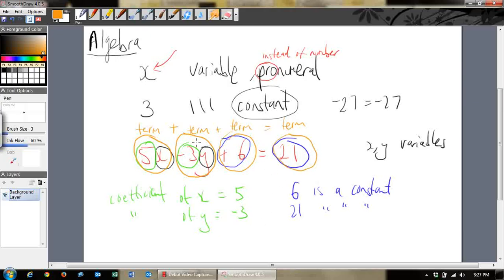In purple, this whole thing here, all the terms added together, is called an expression. We're just expressing a quantity of something in terms of algebraic quantities.